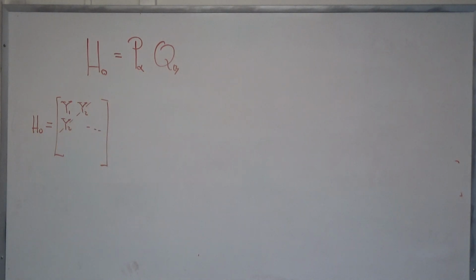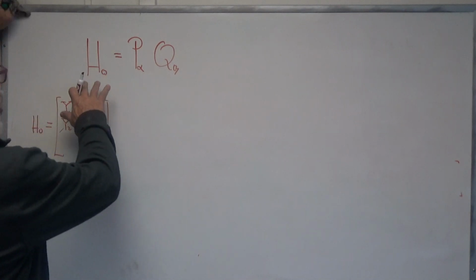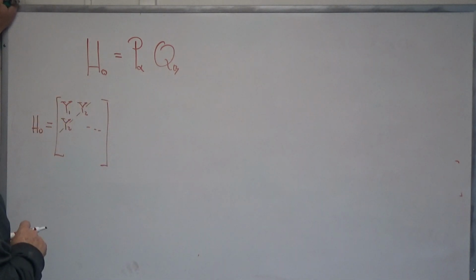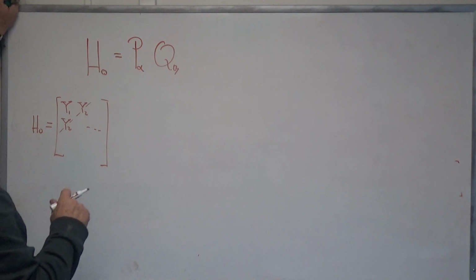So we can form H0 for some alpha and some beta, and we see that H0 can be taken to be the product of the observability block of size alpha and the controllability block of size beta. Now, assume that you perform a singular value decomposition of the matrix H0.